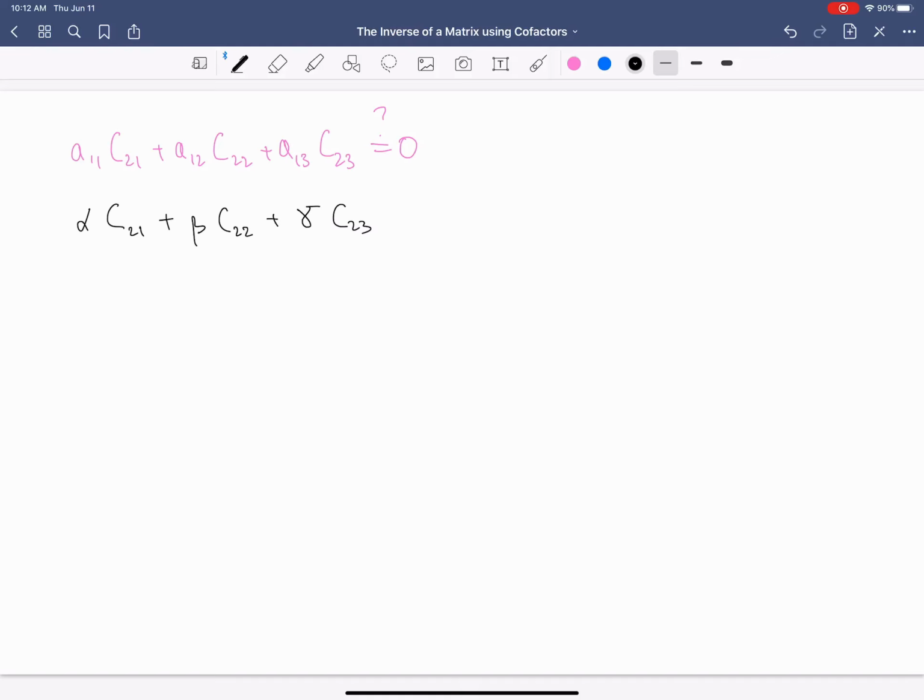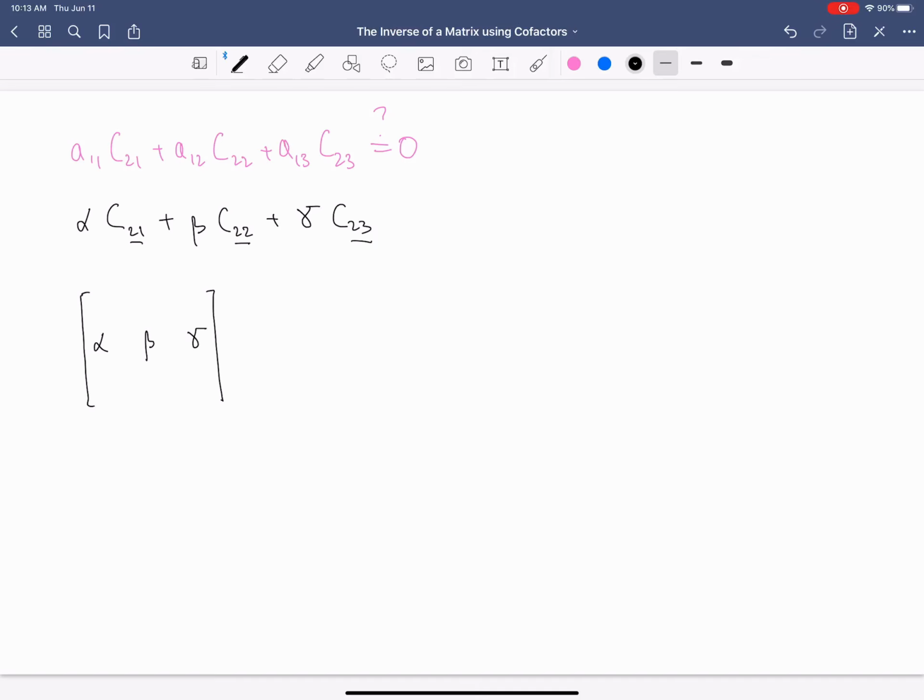I want this linear combination. Well, where does it come from? It comes from a matrix. So I have to look at 2, 1, 2, 2, 2, 3. So I'm still working with a 3 by 3 matrix. And these components talk about expansion along the second row. Okay, so they say that in the second row, I should have alpha, beta, and gamma.